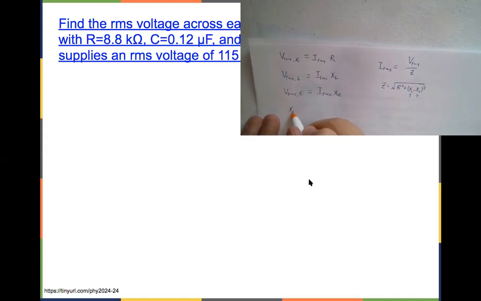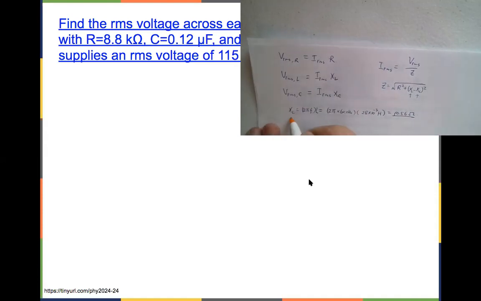XL should be equal to 2 pi F times L. A lot of times people will forget about the 2 pi. So 2 pi times the frequency, 60 hertz, times L, 28 times 10 to the minus 3, which is millihenry. So then it's 10.56 ohms.